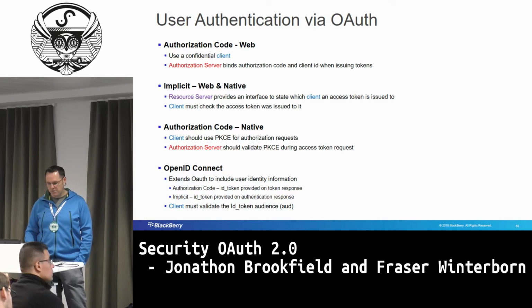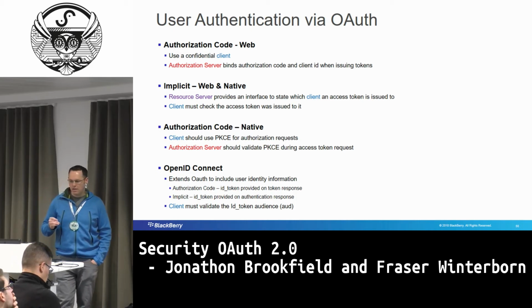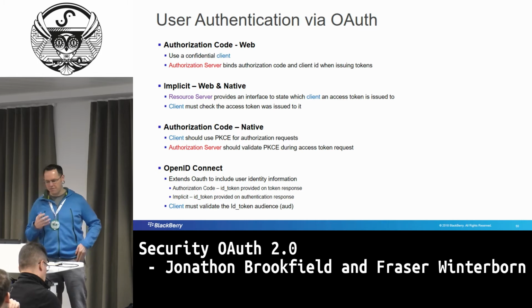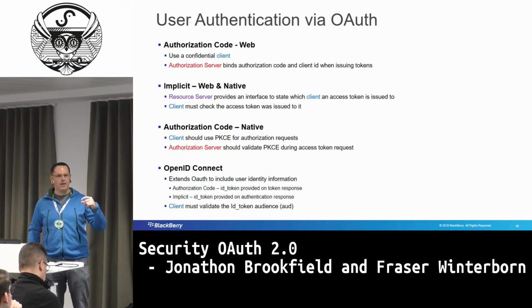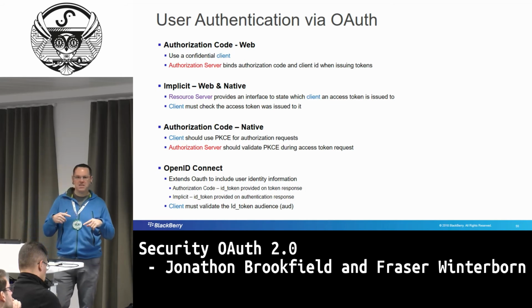So in terms of user authentication, for the authorization code flow, the authorization server has to be able to bind the authorization code to a client so it knows who it was issued to. On the implicit flow, it's actually the responsibility of the client.